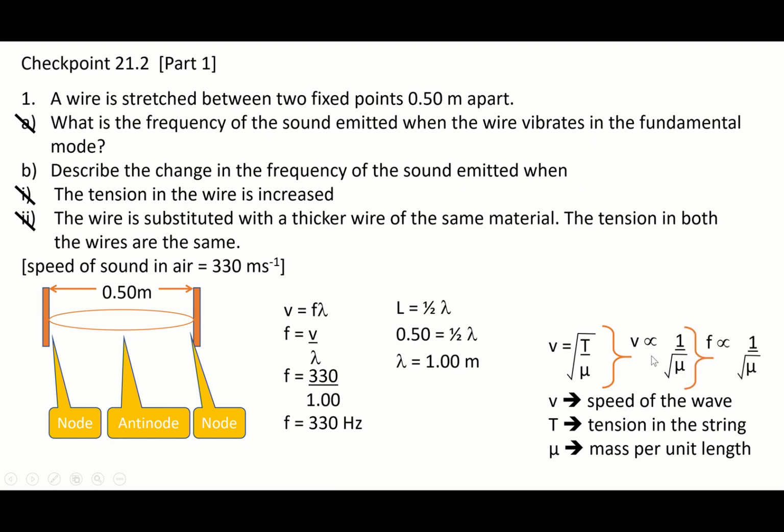So v is directly proportional to f, therefore f is also inversely proportional to the square root of mu. Thicker wire means larger mass, which means that mu increases. So when mu increases, frequency decreases because of the inverse proportionality to the square root of mu. That's the answer for B2.